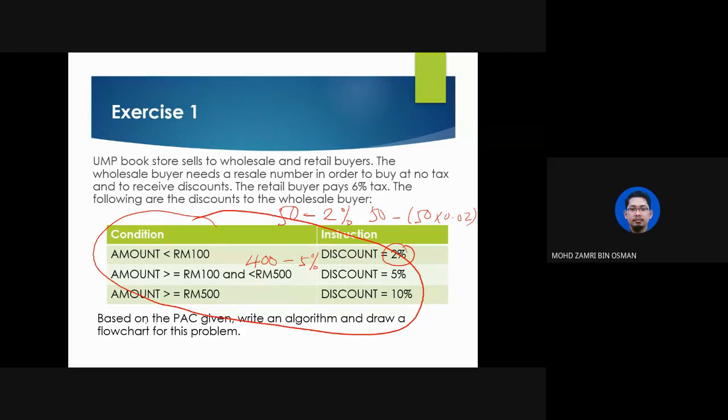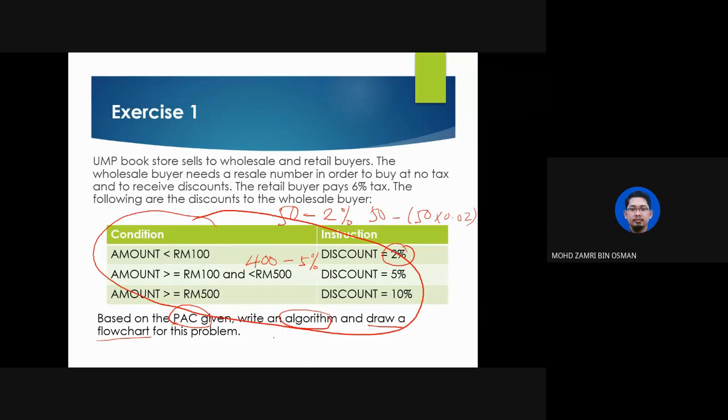For this question you need to create a PAC, problem analysis chart, which we already covered in chapter 2, sorry, chapter 3 and 2. Then write an algorithm as well, and draw a flowchart.